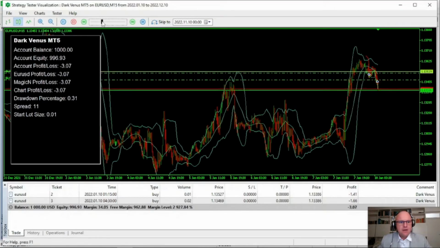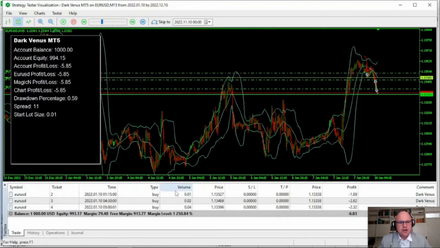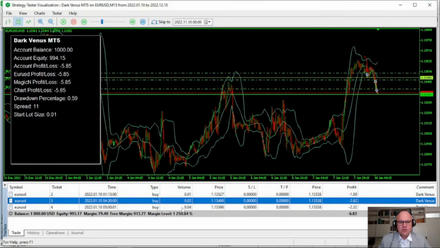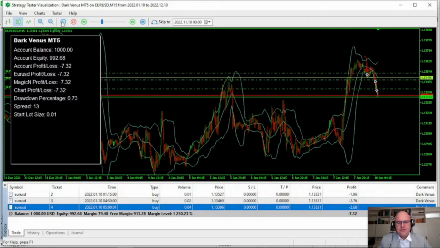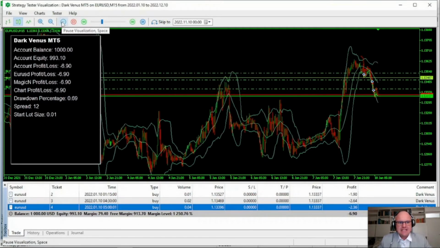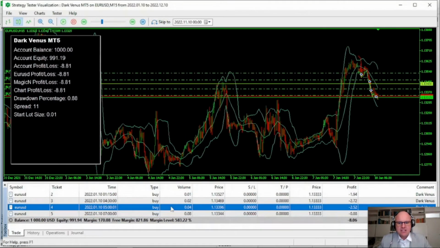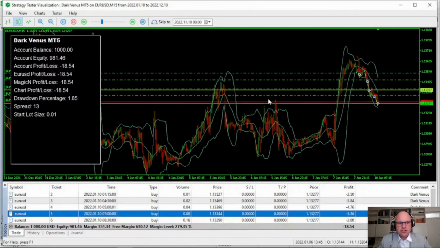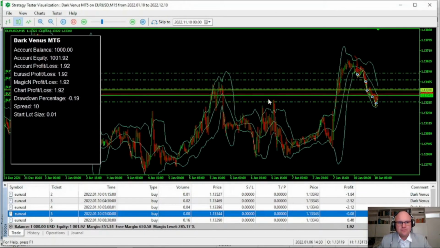So again, it took a buy on the default strategy and the trade is moving against us. You'll see with our coefficient multiplier of 2, the next lot is 0.02 and the third trade is 0.04. As we continue on, the lot doubles again to 0.08 with our grid coefficient of 2.